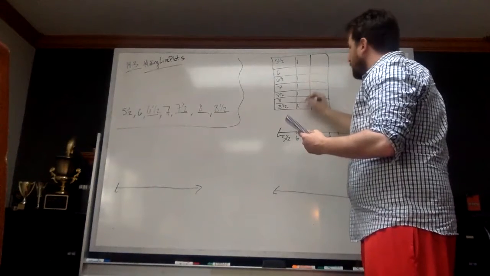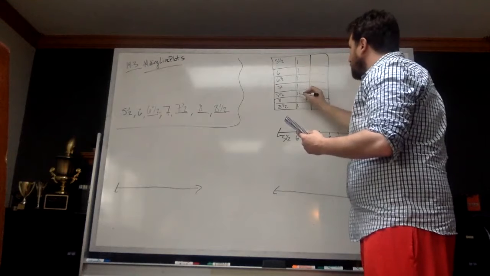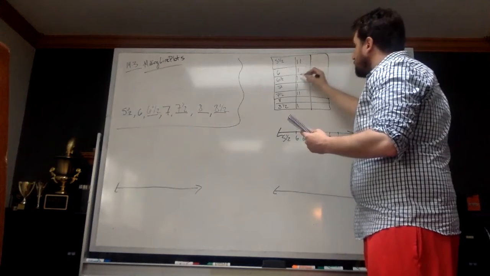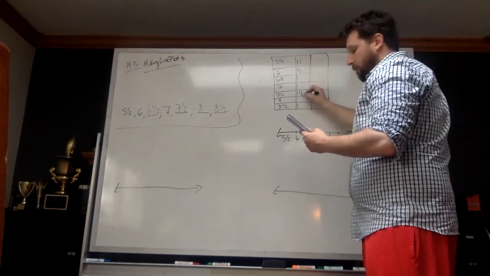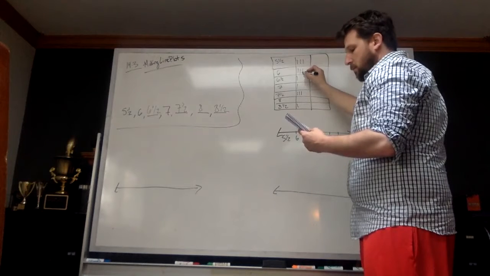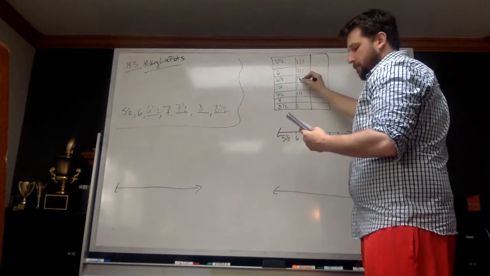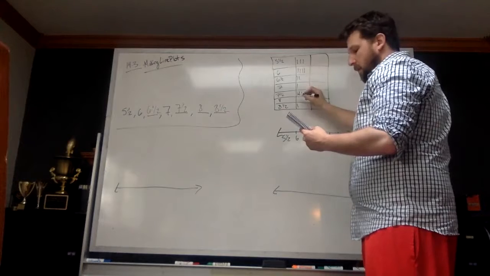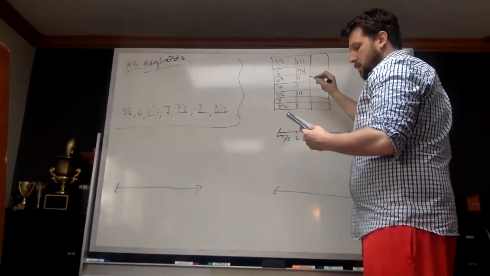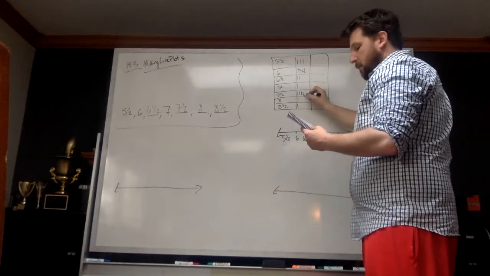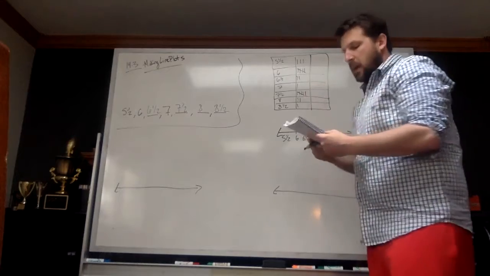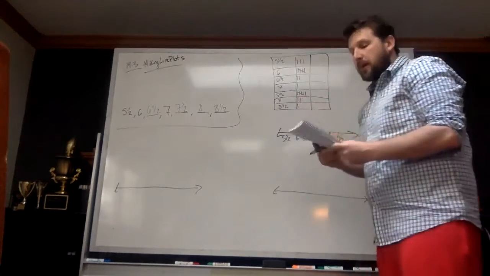Next row, 8.5. 6. 7.5. 5.5. 6. 7.5. 5.5. 6. 6.5. 6. 8. 6. 7.5, 7.5, 8, and 7.5.